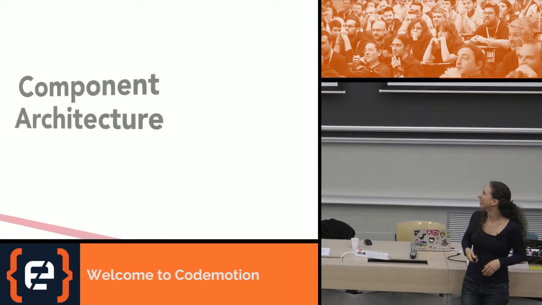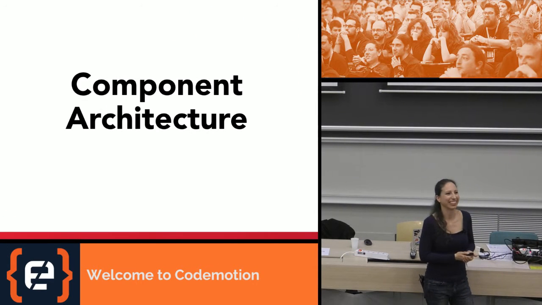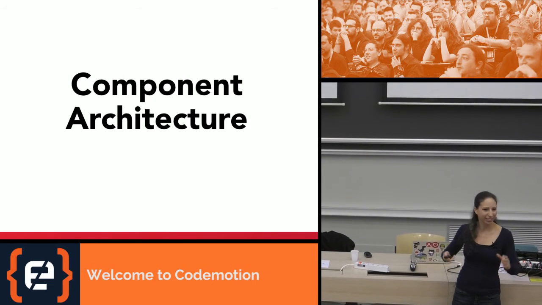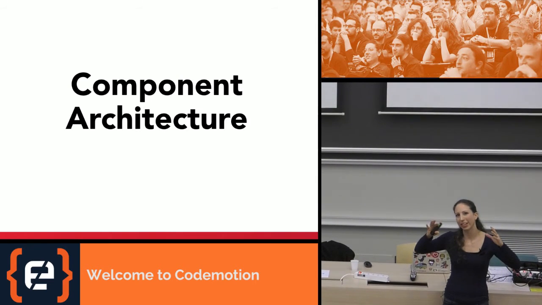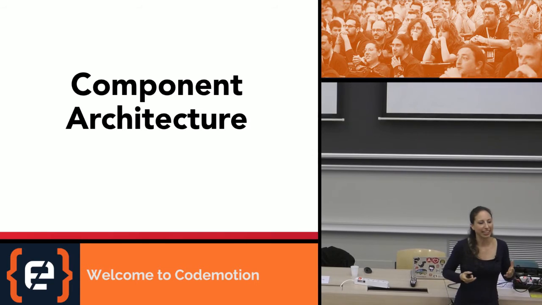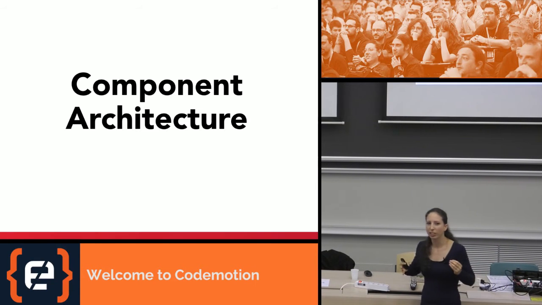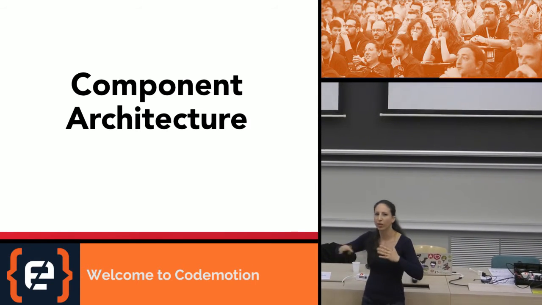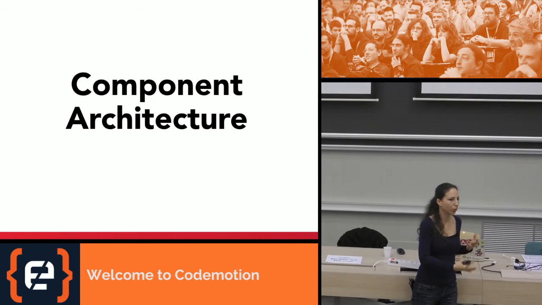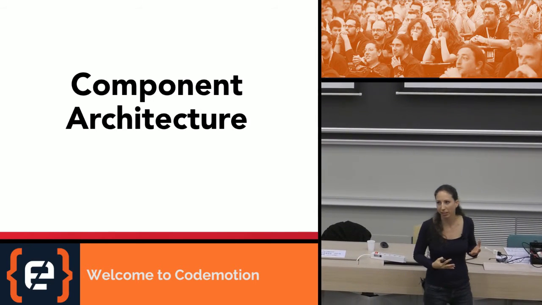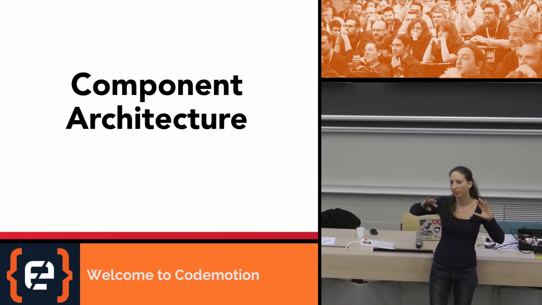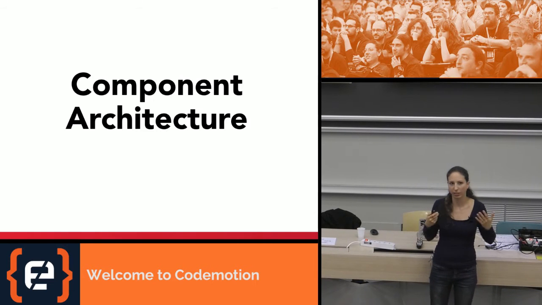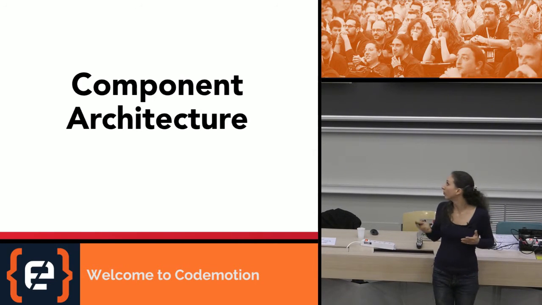All right, so let's talk about what's going on in Angular 2. The component architecture, which is, I think, the main idea in Angular, and it's also where other web application frameworks are heading. It's an architecture that we're going to use a lot now.